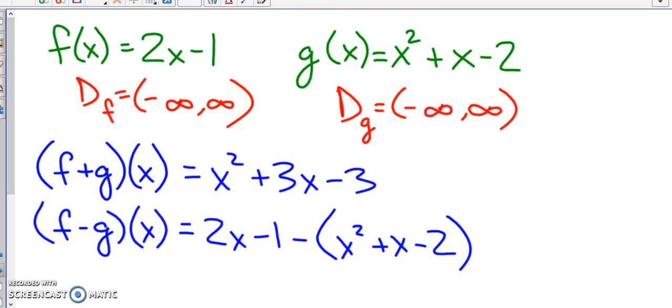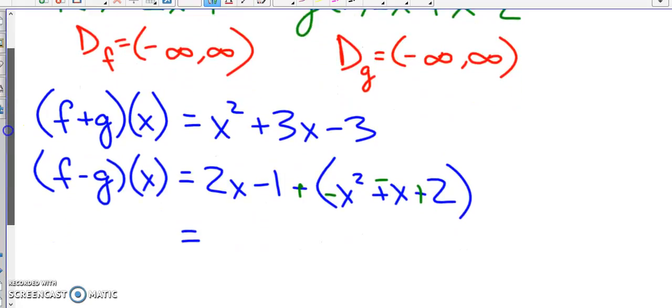And then you can switch the signs and then add it together, right? So you would end up with what in this case? Negative x squared plus x plus 1. I concur.